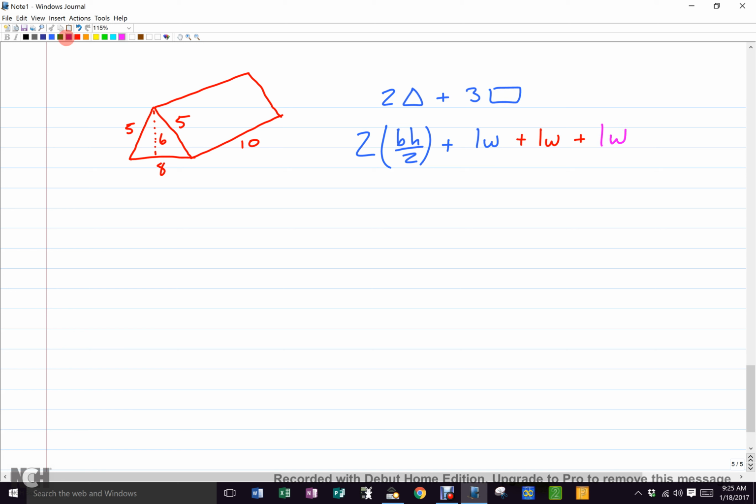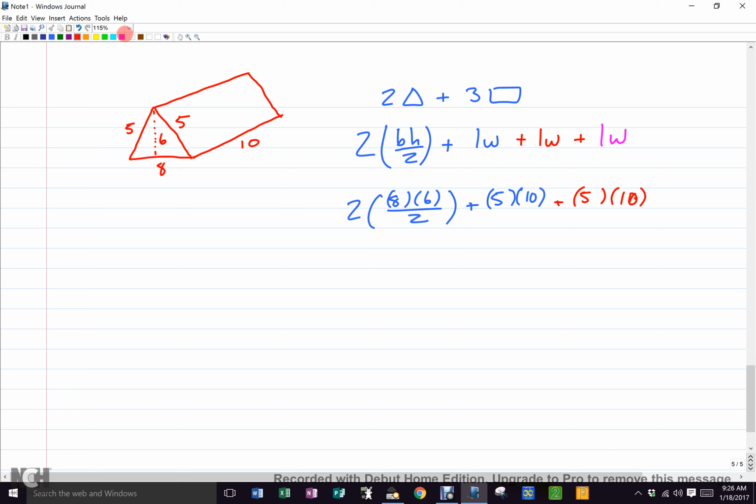Let's put in our numbers. What is the base of the triangle? What is the height? Divided by 2, correct? What is one of my rectangles? 5 times 10. What's the second rectangle? 5 and 10 again, because it's just on the other side, isn't it?